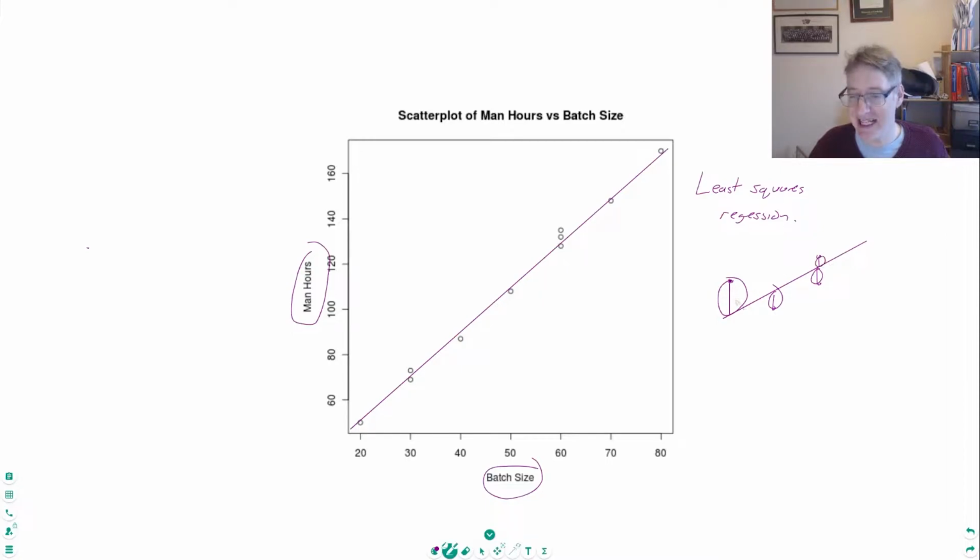So this is least squares. We won't go into that too much now, but if you haven't seen this before, just trust that there is a way of determining which line fits best of all the straight lines I could draw.